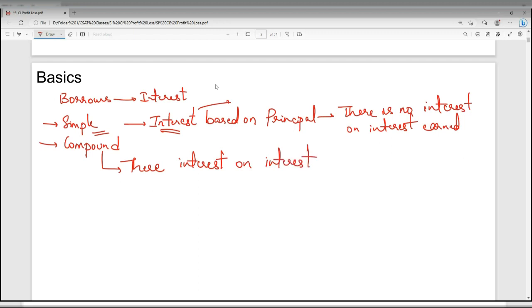So for the simple interest formula, normally we denote P as the principal amount, T as the time period for which the money has been borrowed, and R is the rate of interest.